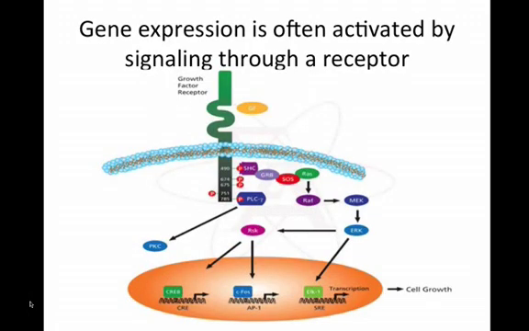So I'm going to take a moment to back up and remember that gene expression is usually activated or repressed by signaling that originates at a receptor, right? Some sort of extracellular molecule binds to the receptor, and then a whole bunch of magic happens involving the cytoplasmic tail of the receptor, phosphorylation, recruitment of kinases and phosphorylation of other things.